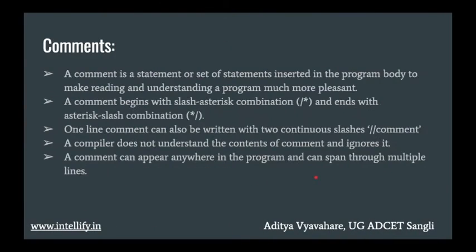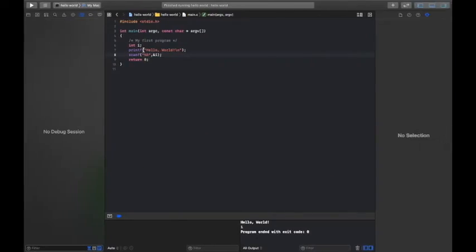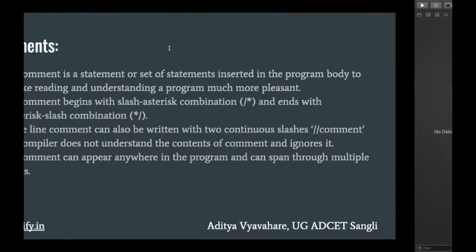Now what are comments? Comments are something that is ignored by the compiler and which makes reading and understanding a program much easier and simpler. A comment starts with the combination slash asterisk and ends with asterisk slash, like here, my first C program. This is not considered while executing the program as it is within slash and asterisk.